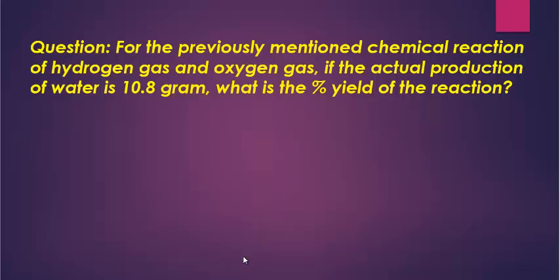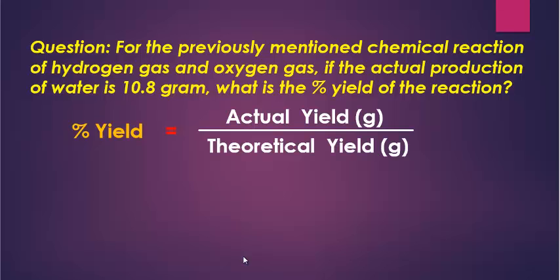For the previously discussed chemical reaction of hydrogen gas and oxygen gas, if the actual amount of water produced is 10.8 grams, what is the percent yield of the reaction? As we said, percent yield is equal to the actual yield in grams divided by theoretical yield in grams times 100%.